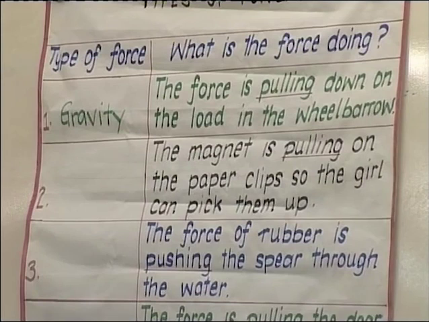Number two, the magnet is pulling on the paper clips so the girl can pick them up. The keyword there is pulling, and the other keyword there is magnet. Okay? So what is the type of force being used?